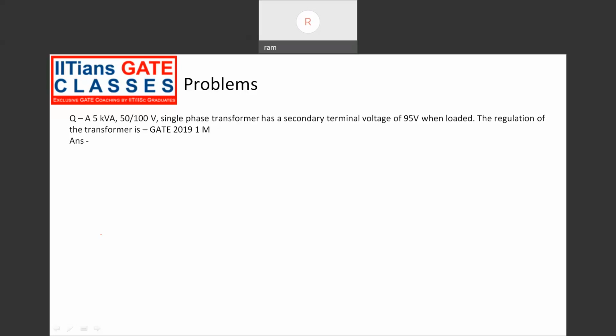The regulation of the transformer is? So when it is loaded, the voltage is 95 volts and the secondary terminal voltage at no load condition is 100 volts. We know that percentage voltage regulation is given by (E2 minus V2) by E2 into 100, right?